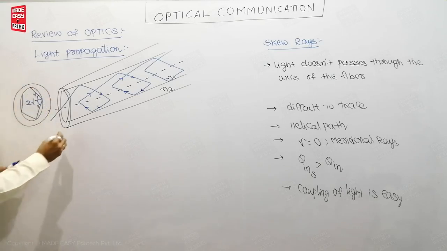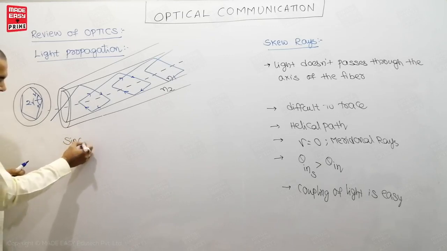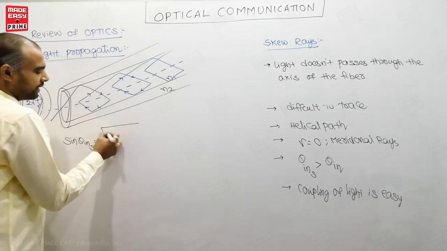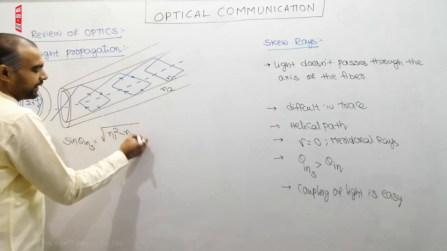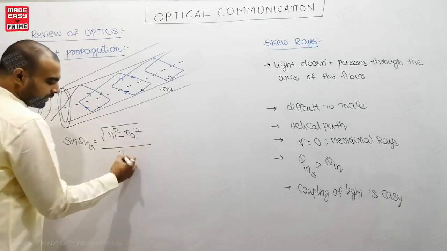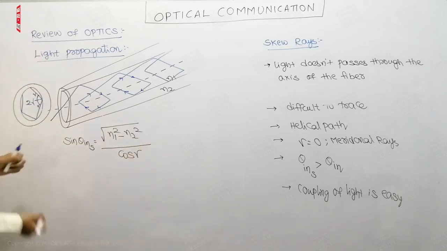Now we can write sine theta in S is equal to the square root of n1 square minus n2 square, divided by cos gamma.